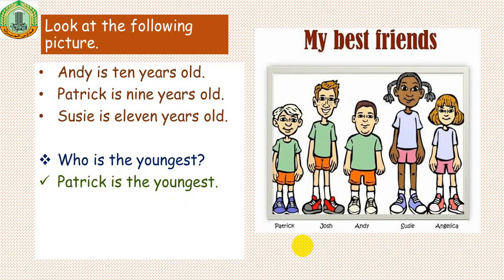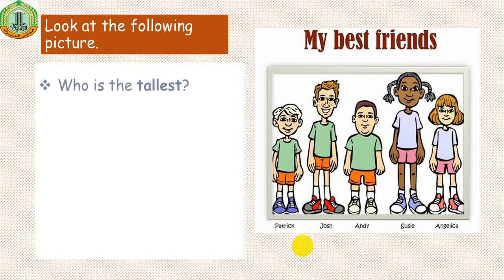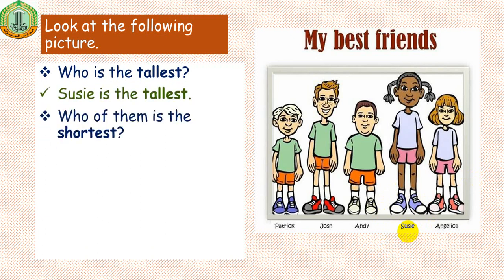They are no longer 2 people. Who is the tallest? Susie is the tallest. Who of them is the shortest? Patrick is the shortest. Here I'm comparing 1, 2, 3, 4, 5 people.